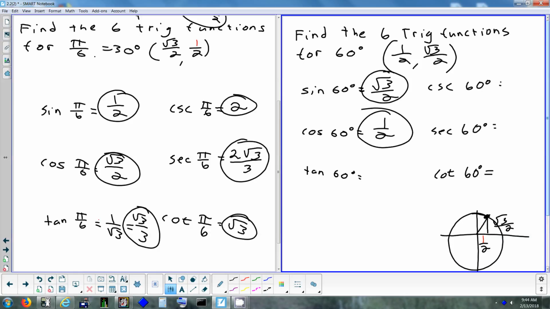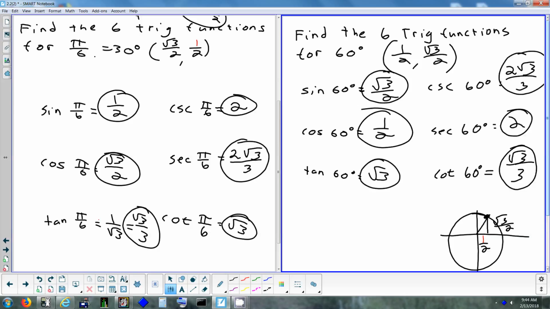Root 3. Okay, flip them all. We get our other ones. Secant is 2. Root 3 over 2, we just flipped that one earlier. 2 root 3 over 3. Root 3, we know when we flip that, we get root 3 over 3.